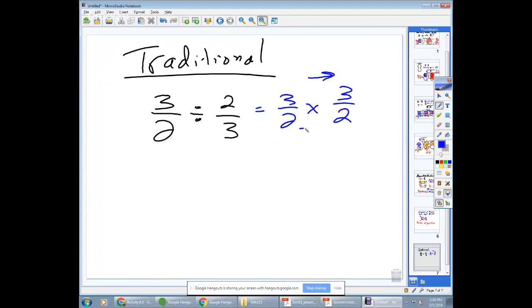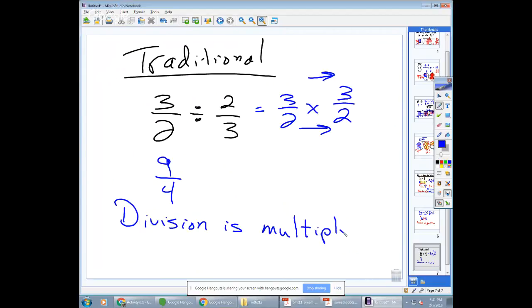Multiplication is easy. You just multiply numerators, multiply denominators, and there's again our 9/4. So the idea here is that division is the same thing as multiplying by the reciprocal. Another name for the algorithm is just multiply by the reciprocal. Instead of dividing by 2/3, we multiply by 3 halves, and out pops a nice answer.